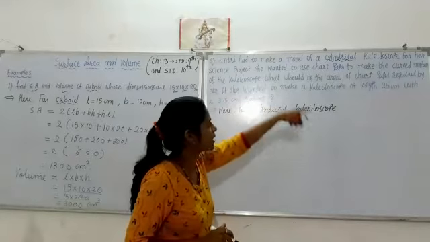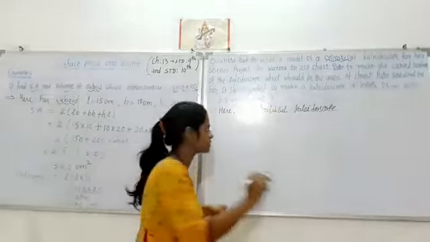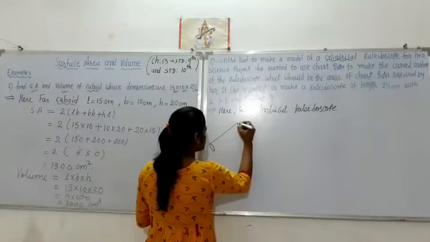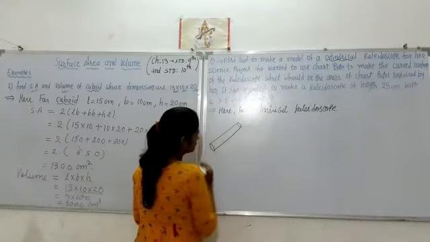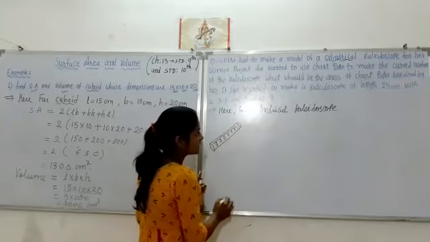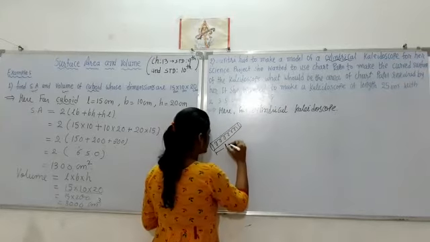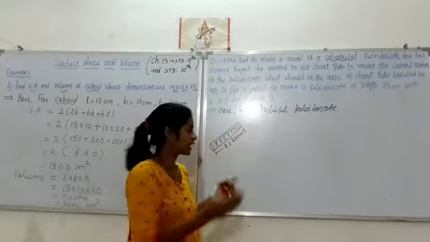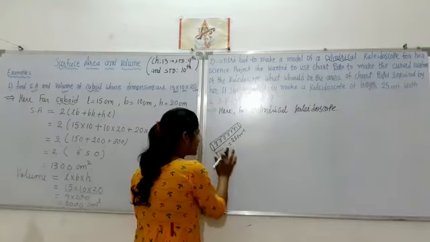If she wanted to make a kaleidoscope, length is 25 centimeters. Suppose this is your kaleidoscope, and you have to use chart paper here, and its length is given. This is its length, 25 centimeter. And we know in a cylindrical shape the length is h.